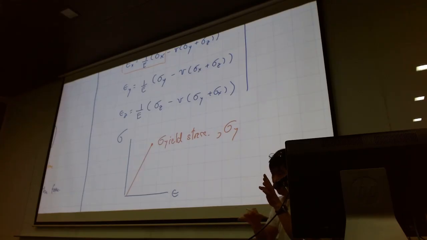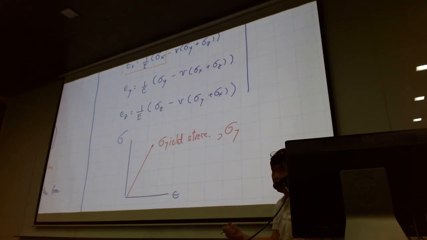But again, along the way you will see sigma y being stress in the y-axis as well. So if you see sigma y, you have to ask the question, is this sigma y or sigma yield stress? Or sigma yield? So this would be our limit for this class.